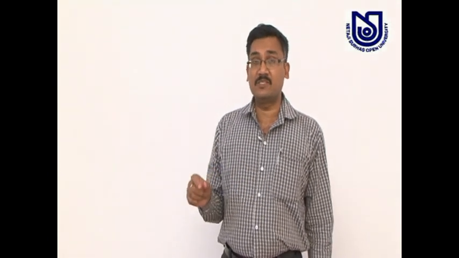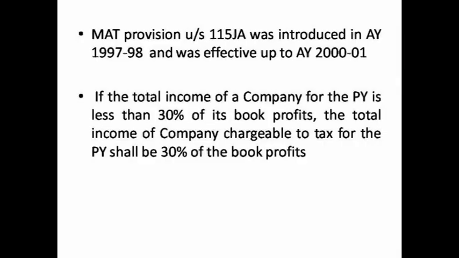If the total income is less than 30% of book profit, then the amount chargeable to tax would be considered as 30% of book profit. That is, the company is liable to pay tax on 30% of book profit if it is more than the total income. This section, that is 115JA, was effective from the assessment year 1997-98 to 2000-2001.